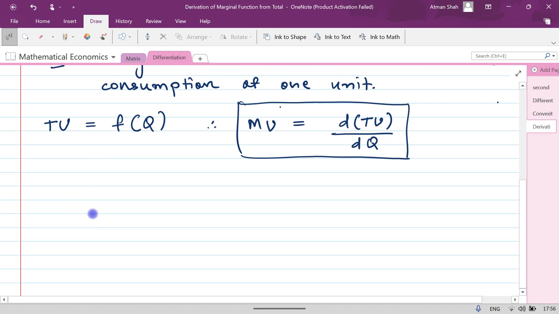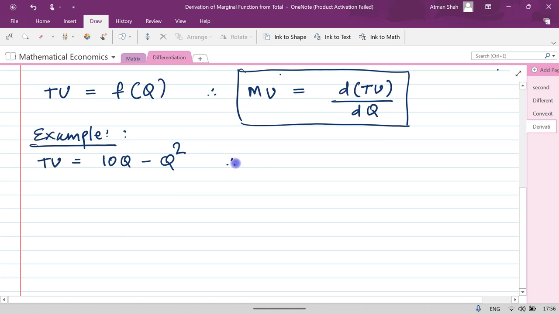Let's understand this with an example. Suppose total utility function is 10Q minus Q square. So therefore marginal utility is the derivative of TU with respect to Q, which is equal to 10 minus 2Q.